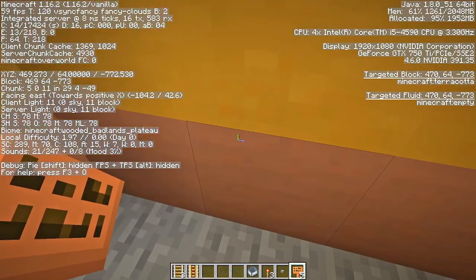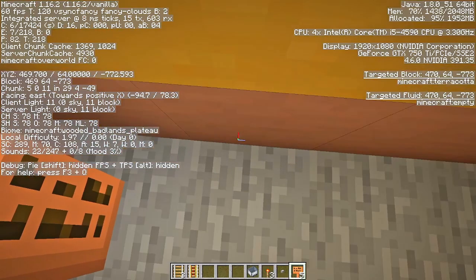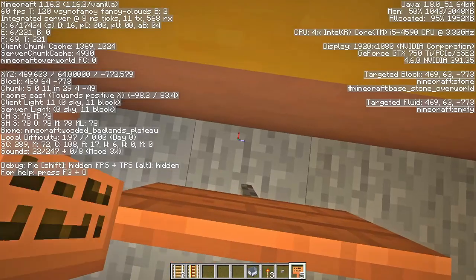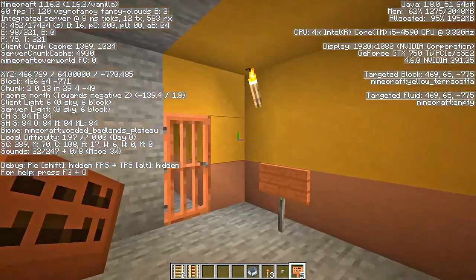So here we go. All right, if you round up, 773. So I'm just going to put a sign here, done, just to mark our space.